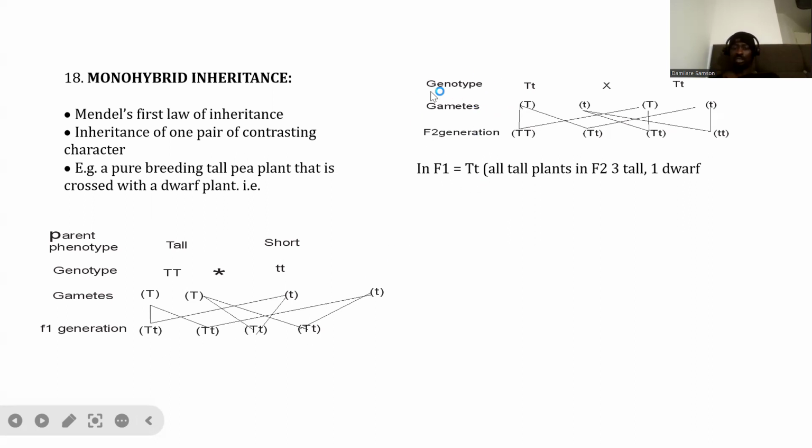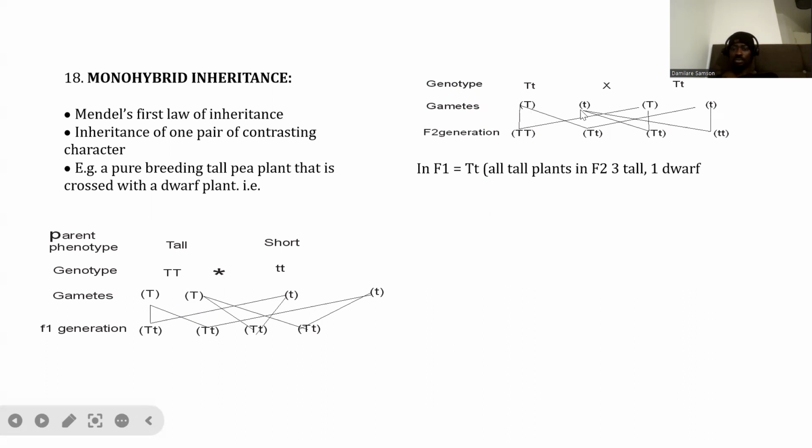Now, in the F2 generation, I said F2 generation is gotten from the cross between two offsprings from F1 generation. So we pick two offspring from F1 generation and we move them in here, which are genotype 1 and 2. At the gamete formation, the genotype will divide.